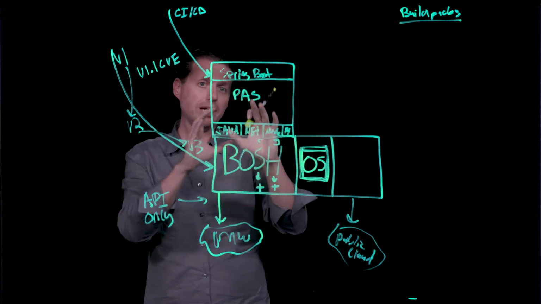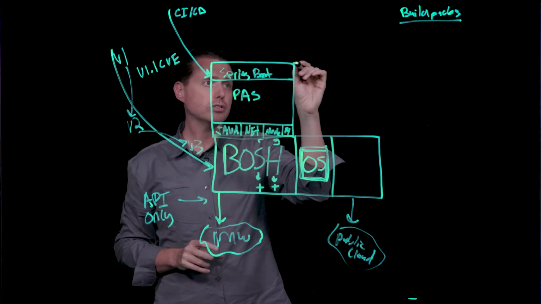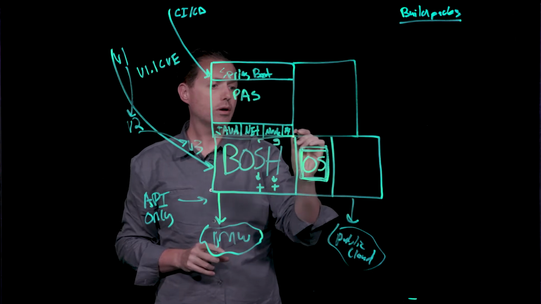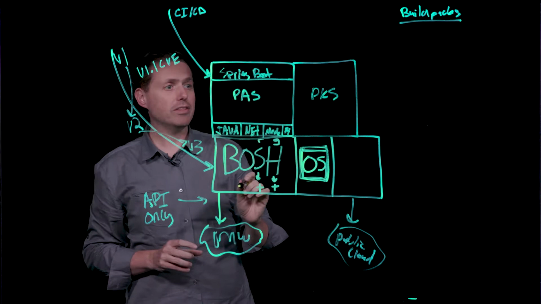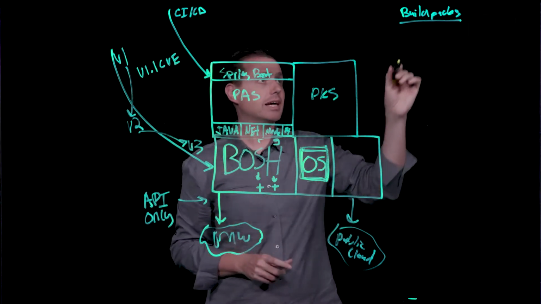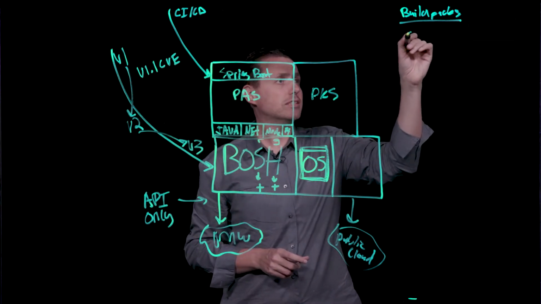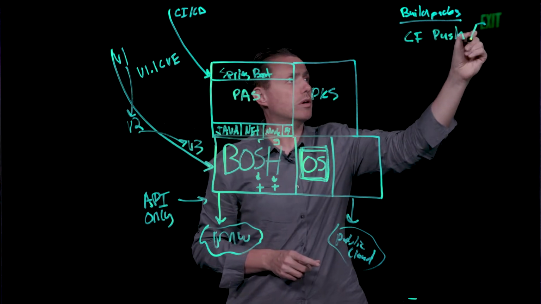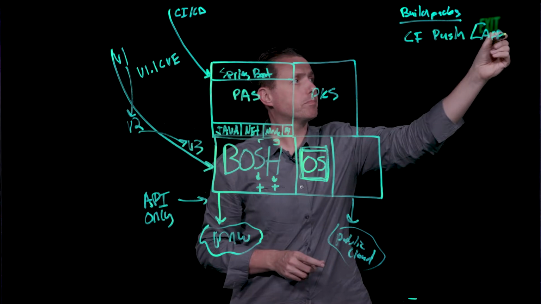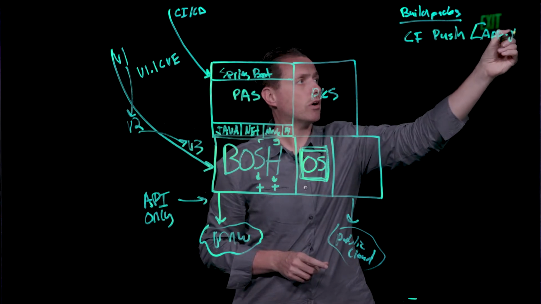Bosh really runs PAS and PKS, which I'll draw for you soon, which is a Kubernetes as a service offering. And the distinction you can make is that PAS with build packs has a simple command, cf push, then your app name, say .jar.